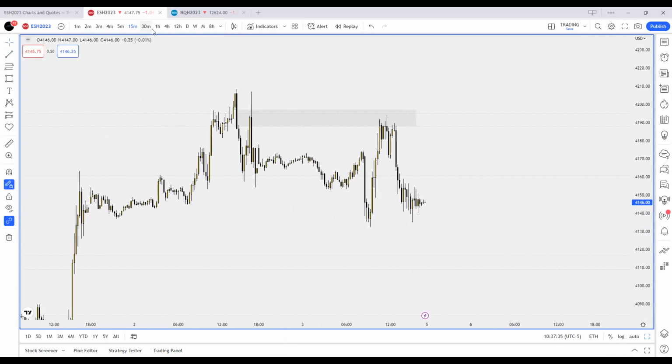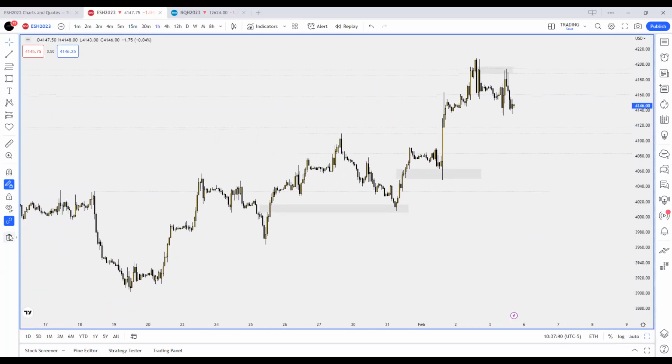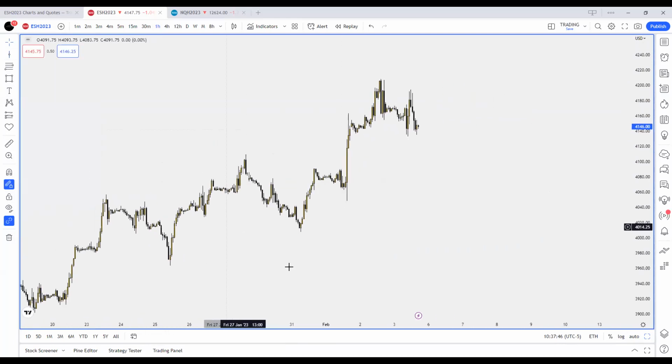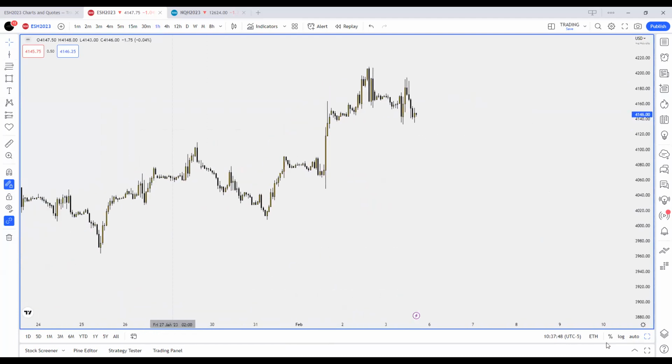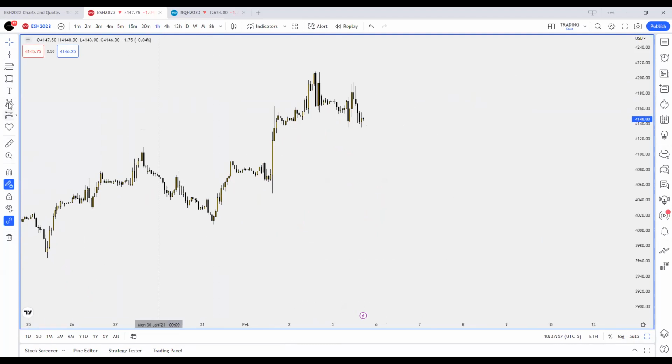The weekly profile, 1 hour. I will go back. 2 weeks ago, we had Wednesday low of the week. I'm going to go to this week. This week, Monday was the 30th. Monday.